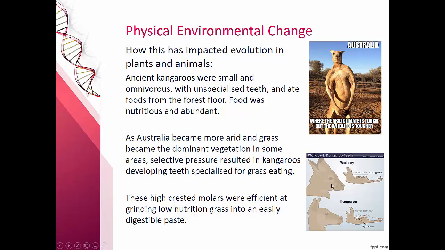If we look at a wallaby's diet, you can see a flat tooth row. They're largely unspecialized here, and that makes sense. If we compare it to what a kangaroo's got now, as the vegetation changed, they have a curved tooth row with high crowns, and it's the high-crowned molars that allow the kangaroo to masticate, which is chewing and grinding that hard plant material up for them to eat.